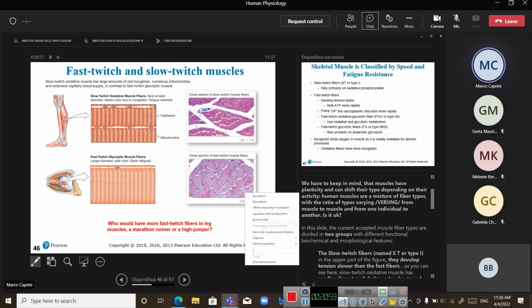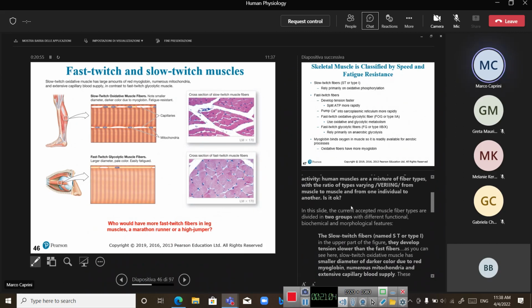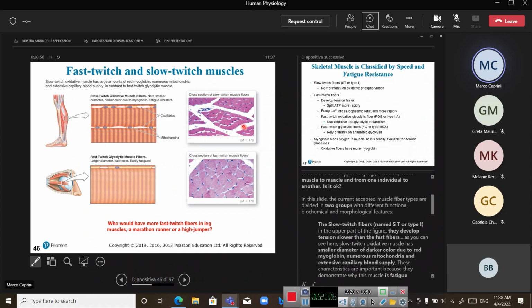Okay? In this slide, you can just see two different groups with different functional, biochemical, and morphological features.